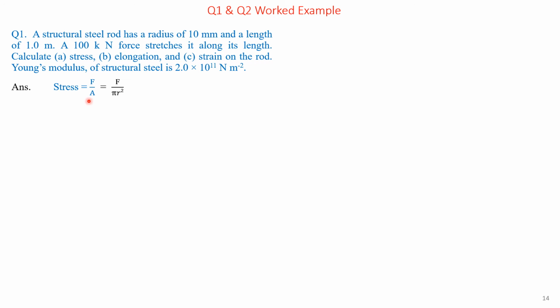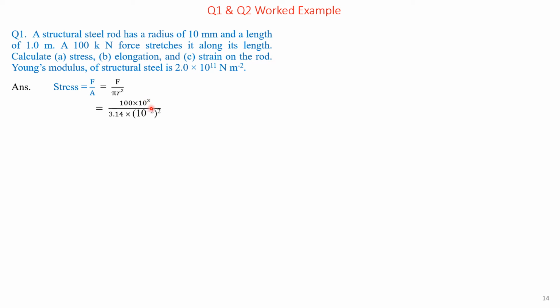Answer. We know that stress is equal to force per unit area. That is, stress is equal to F by A, and that is equal to F by pi r square, because the radius is given and pi r square is the area of the steel rod.